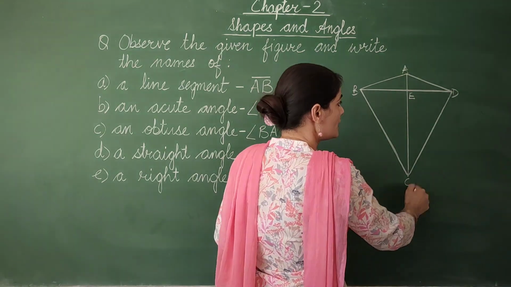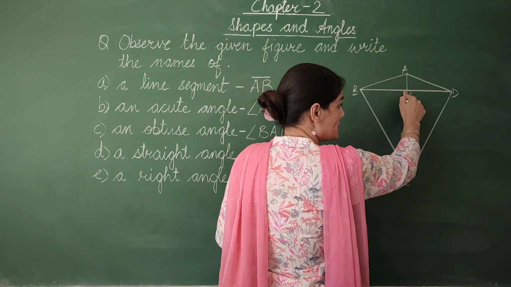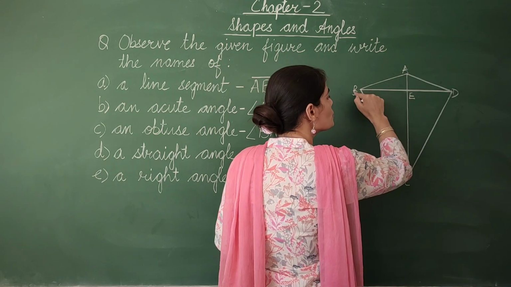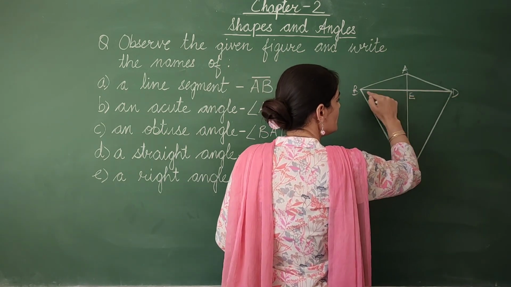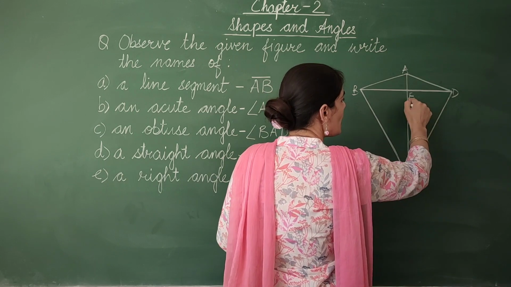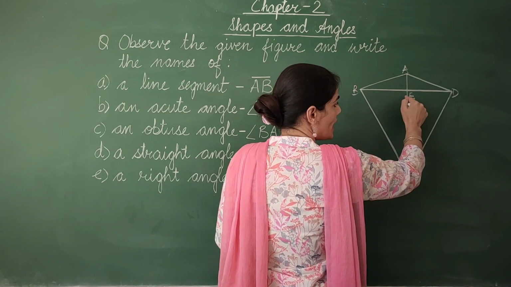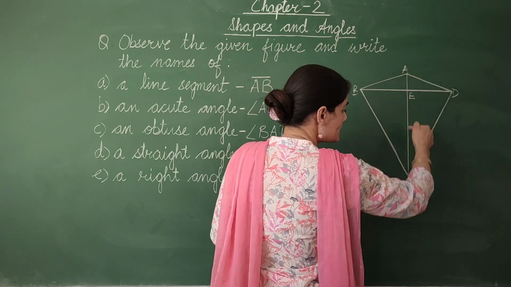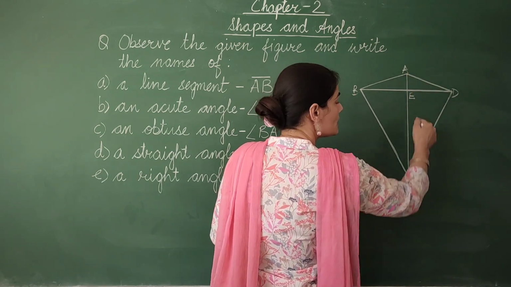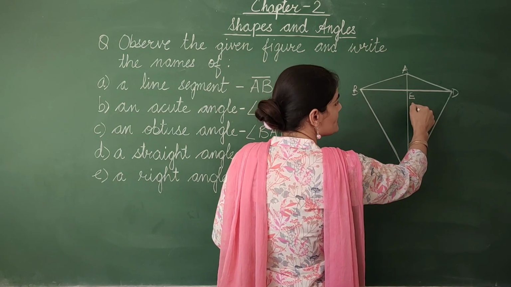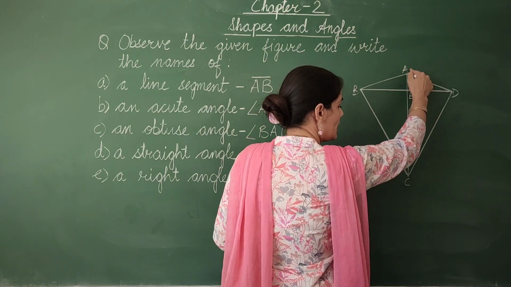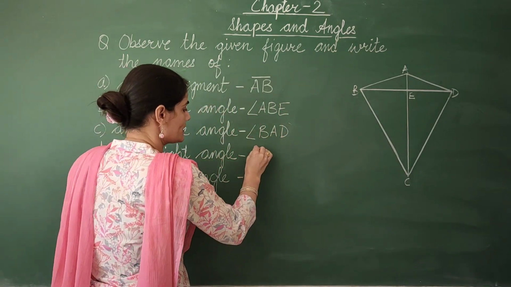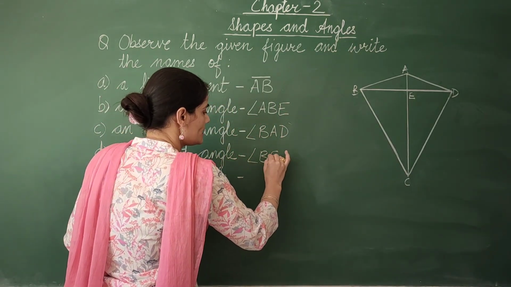If you observe here, in both the cases, E is the vertex and the other 2 are the rays. Here, in case of angle BED, the arms or the sides of this angle are ray EB and ray ED. And in this case, angle AEC, vertex is again E, but its arms are ray EA, ray EC. So we'll write here the straight angle is angle BED.